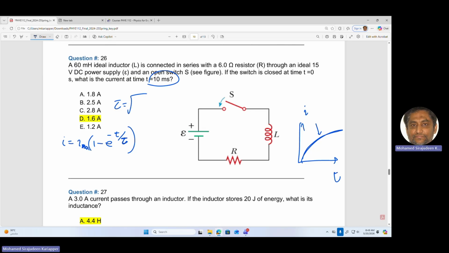Is the square? No. Can you do it for me? I know the answer is there, but tell me what to do.